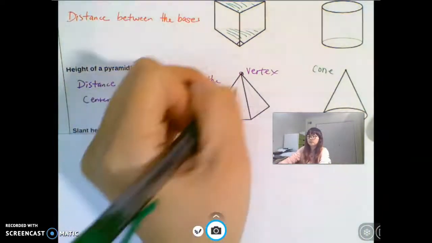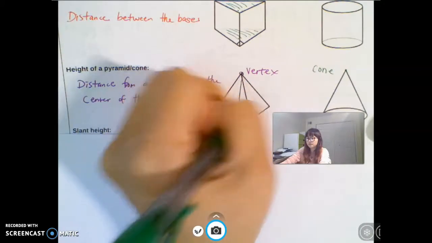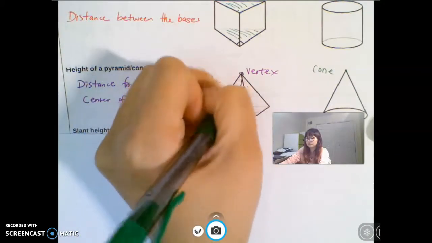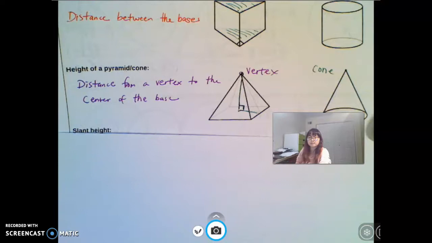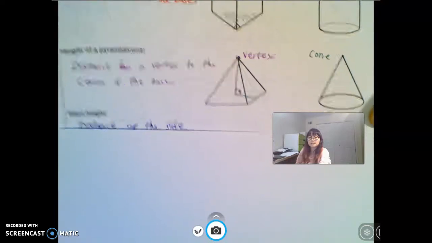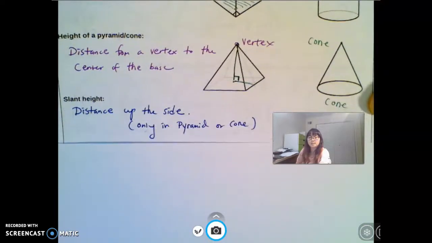Good old 90 degrees, right? You always have to look for the 90 degrees. But pyramids and cones have another special length called slant height. Slanted is like sideways, right? Not straight. So slant height is the distance up the side.